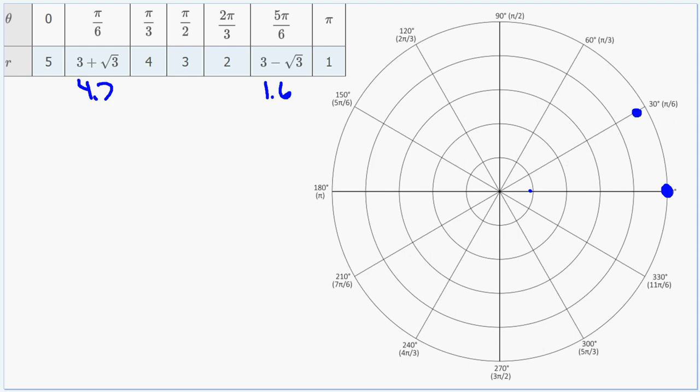And now we can go straight down across the x-axis, and there's our symmetric point. Next up, pi over 3, we go 4 units: 1, 2, 3, 4. And then from there, we are going to look straight down, and it looks like we're going to hit right here.